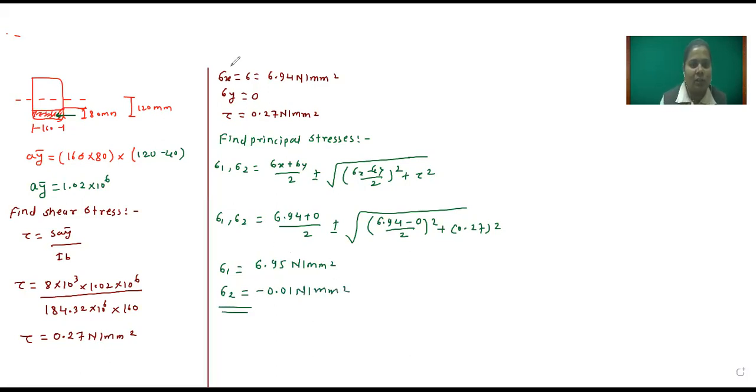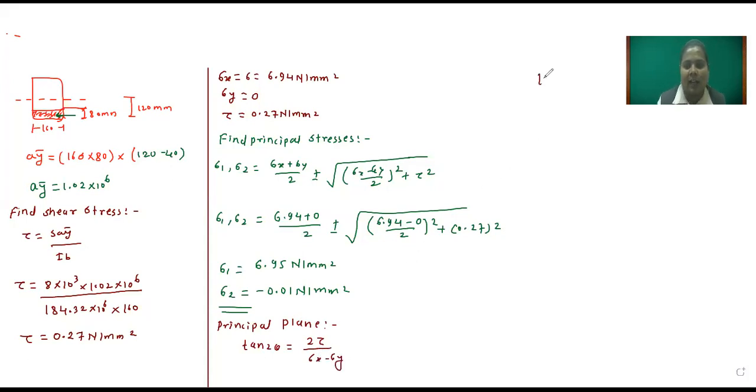After that, the next question asked is the principal planes. For the principal plane, tan 2 theta is equal to 2 tau divided by (sigma x minus sigma y).